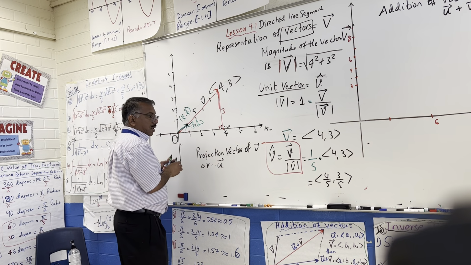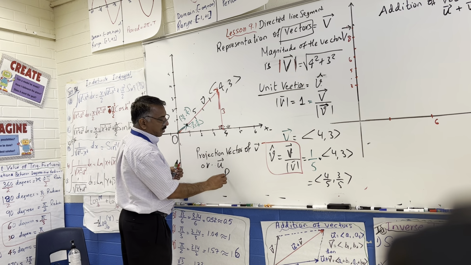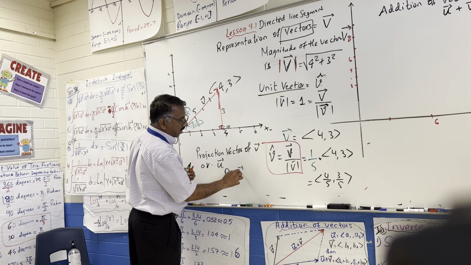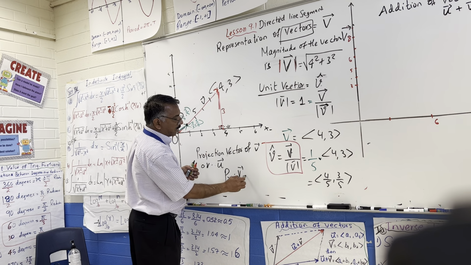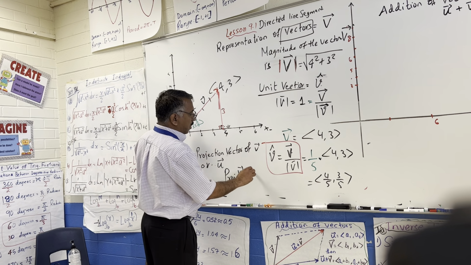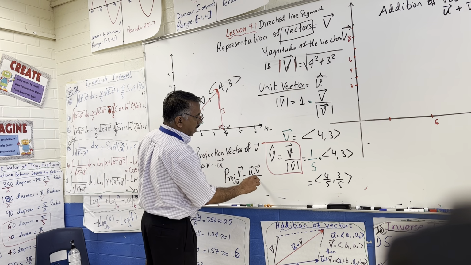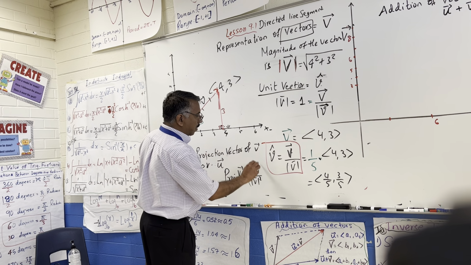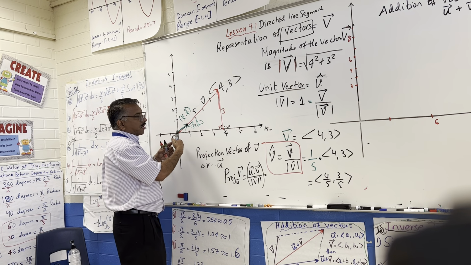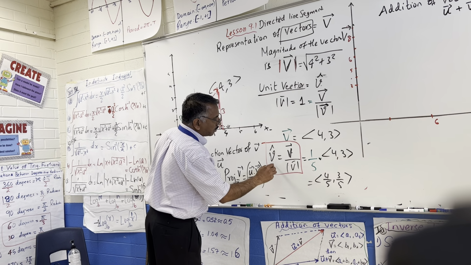There will be a formula for the projection of vector V bar on U bar, where we use the dot product, U dot V bar, divide by the magnitude of V bar squared, and then multiply by the unit vector of V bar.